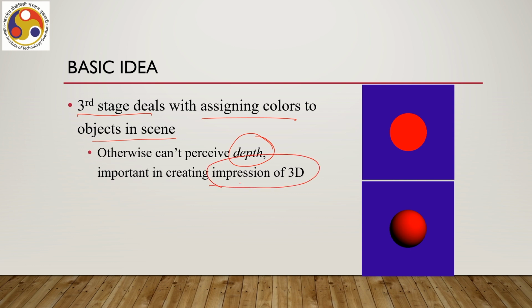So, essentially the quality of experience will reduce, as shown in this example. The top one is without assigning proper color. Some color is there, but it is not done properly, and the bottom figure shows how, if we assign colors properly, we can get a more realistic perception.